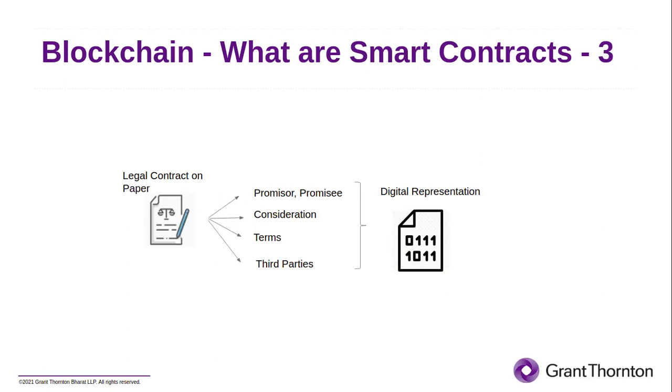When this legal contract that we just talked about is converted into its digital representation, by identifying the promiser and promisee, laying down the consideration and the terms, and also identifying any third parties, and then defining them in a programmatic format and converting that program into digital executable code, it results in the creation of a smart contract.